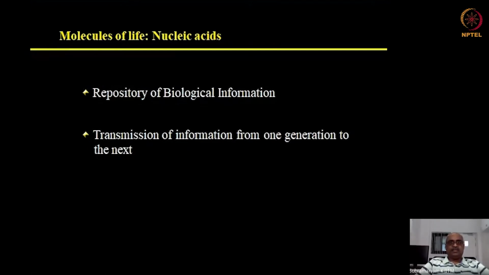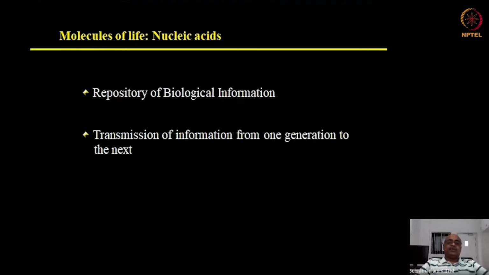So every species, for example Homo sapiens, has the information in its genetic material to make another Homo sapiens. That is what we call biological information. When I say make another Homo sapiens, I mean all aspects of it: the anatomy, morphology, functions, everything.